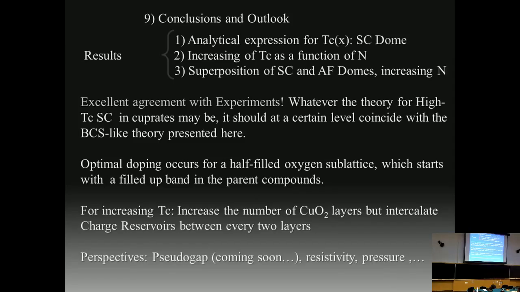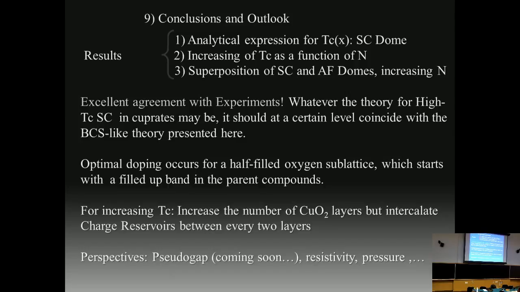So we come to the conclusions. We have three results: the analytical expression for the superconducting domes, the increase of Tc as a function of n, and the superposition of superconducting and antiferromagnetic domes, for which there was no explanation so far. We have excellent agreement with different compounds.